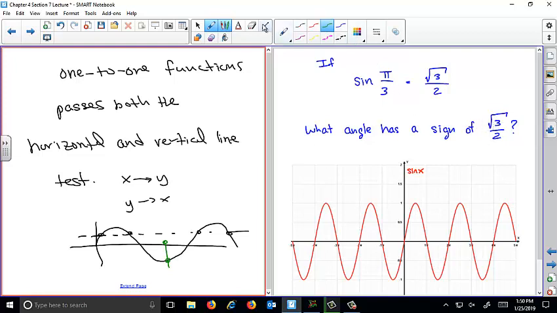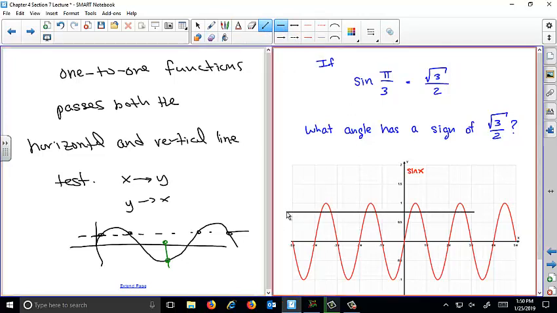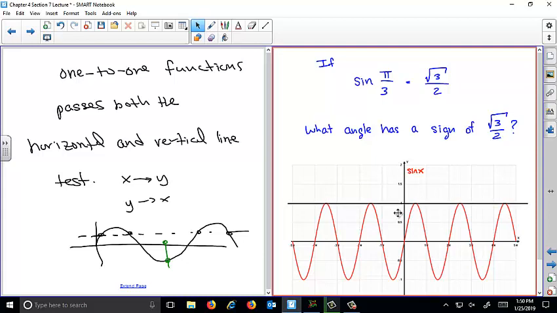The way you could answer that question is by taking a horizontal line at the y value they're asking about. The y value here would be 0.866, the decimal equivalent of the square root of 3 over 2. So here's 1, and here's a half. I don't know if you can see the scale, but that's 0.6, 0.7, 0.8, about halfway up.